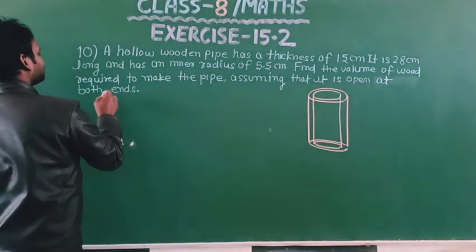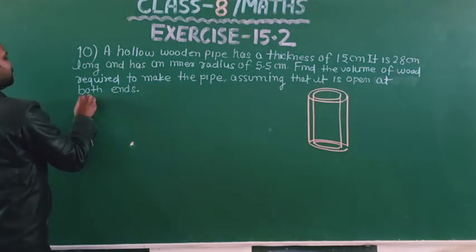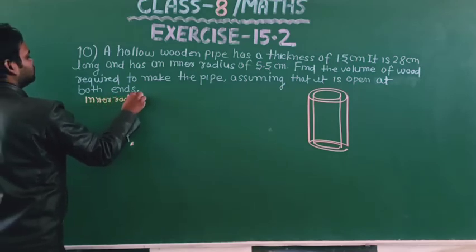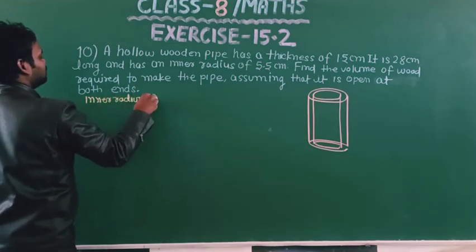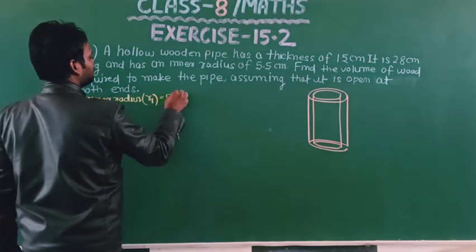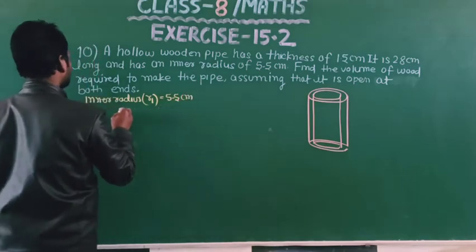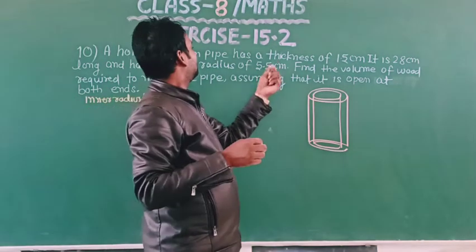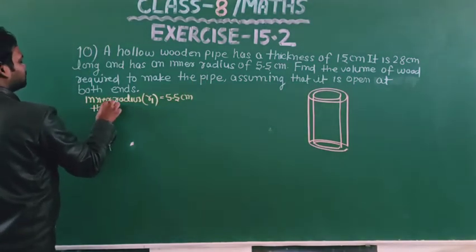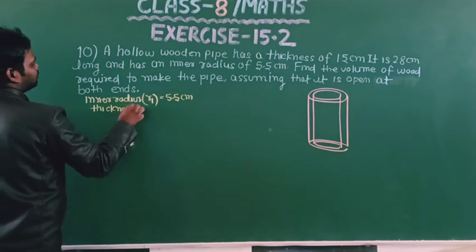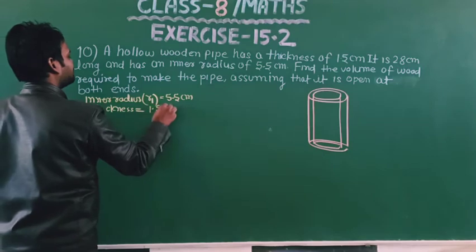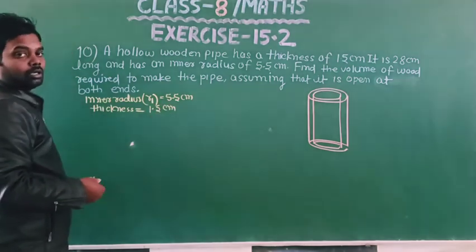So we are given the inner radius, let this be R1 equal to 5.5 centimeter, and the thickness of the pipe is given to us, thickness equal to 1.5 centimeter.